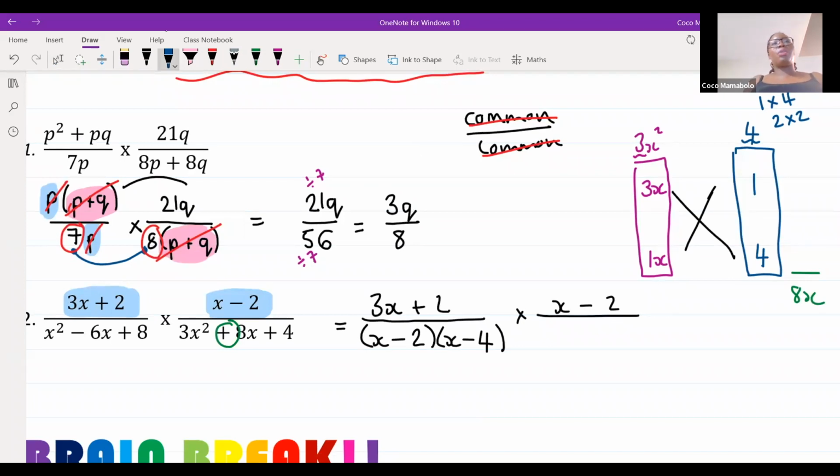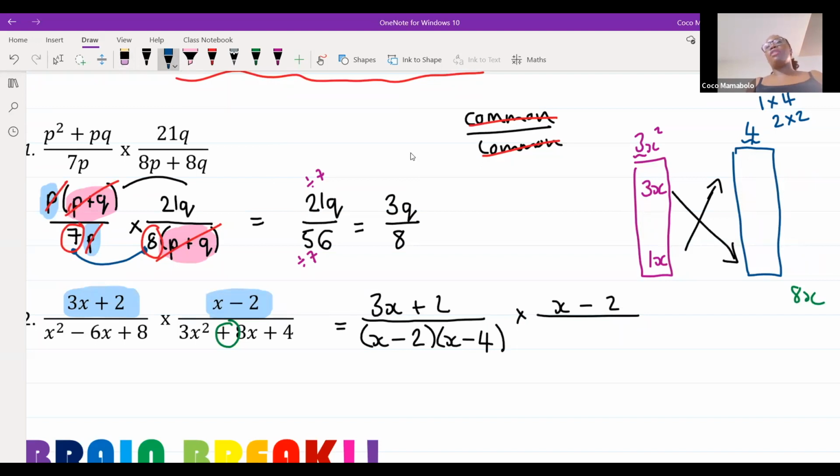Remember, guys, we multiply this way. 3x times 4 is 12x, and 1x times 1 is 1x. That gives me 13x. That doesn't work, so we can't do that.